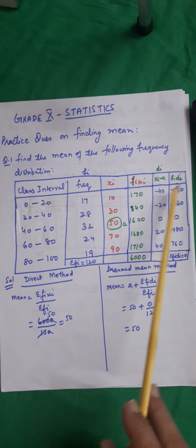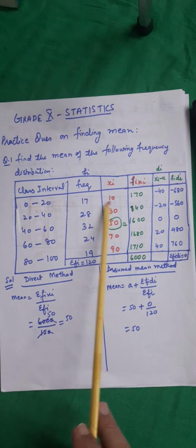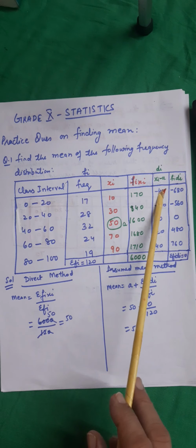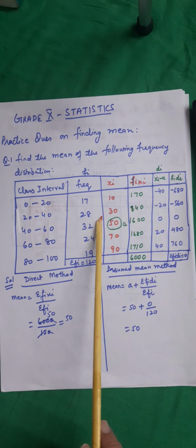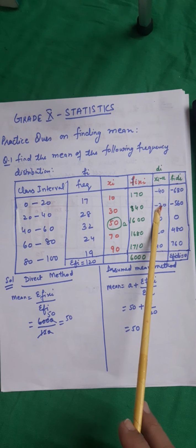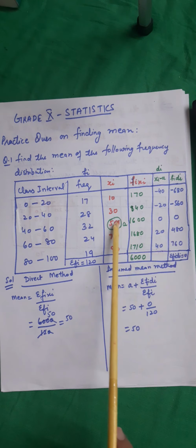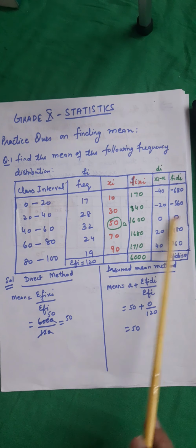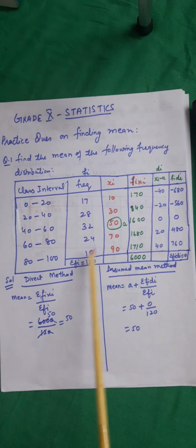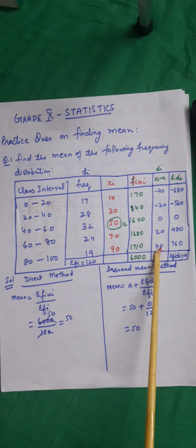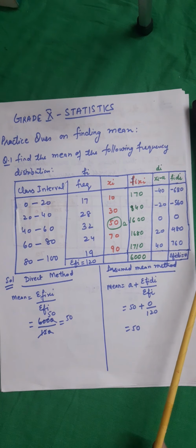Okay. Now fi di. Just find the product of this column and this column. We get here minus 680. 28 into minus 20, minus 560. 32 into 0 is 0. 24 into 20 is 480. And 19 into 40 is 760.